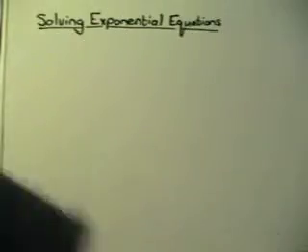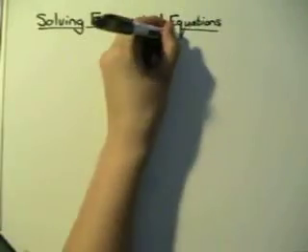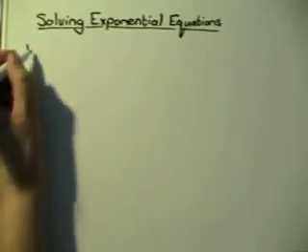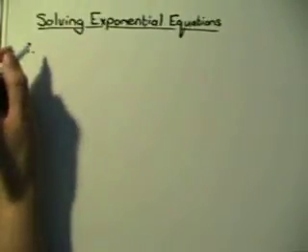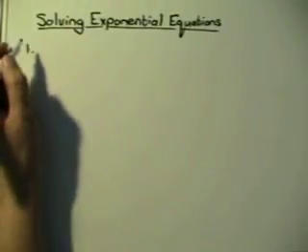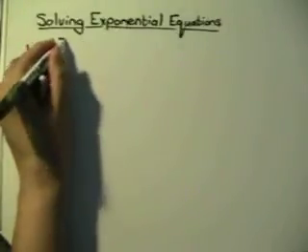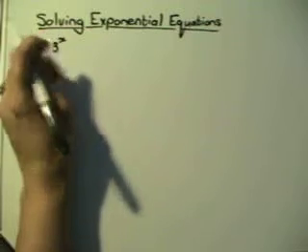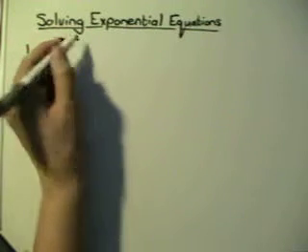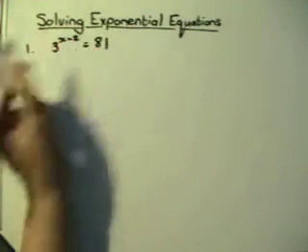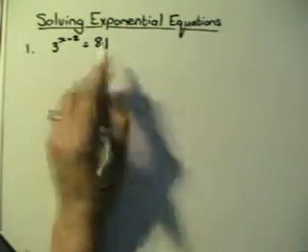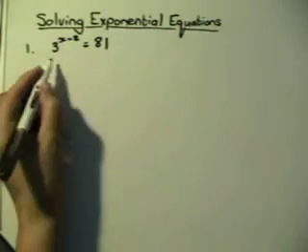So let's look at a few examples of what they can ask you. Say for instance I have 3 to the power of x minus 2, and again I'm going to start with easier problems and then go a bit more difficult as we move along. I want to write this in exponential form.